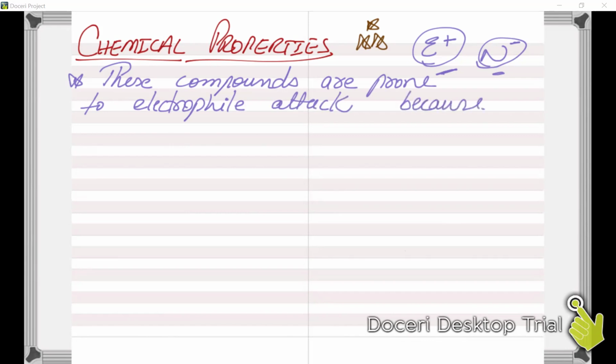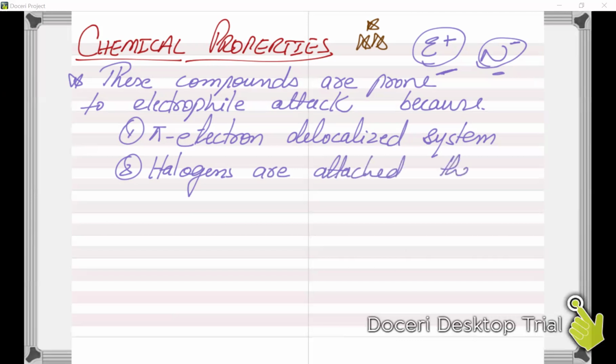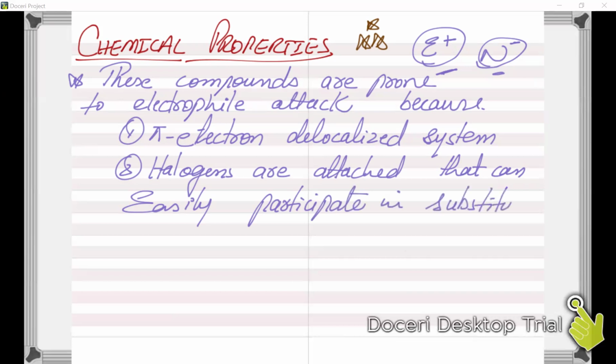Because of the pi electron delocalized system, and number two, halogens are attached. That can easily participate in the substitution reactions.